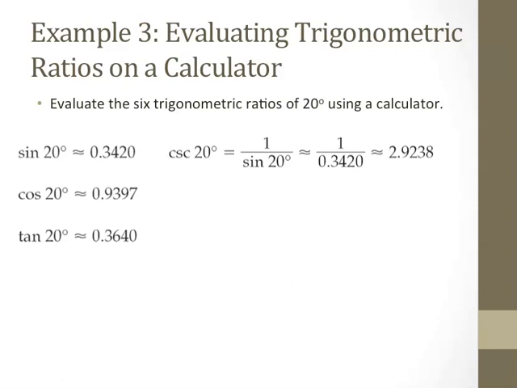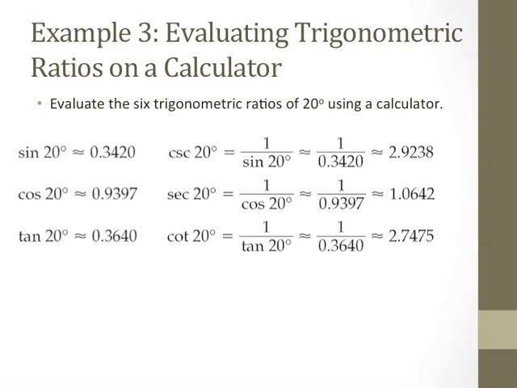And then you just do the same thing with cosine and tangent. So for secant of 20, that's 1 over cosine 20, so that's 1 over 0.9397, which comes out to 1.0642. And then do the same thing for cotangent, so that's 1 over tangent of 20, so 1 over 0.3640, which comes out to be about 2.7475.